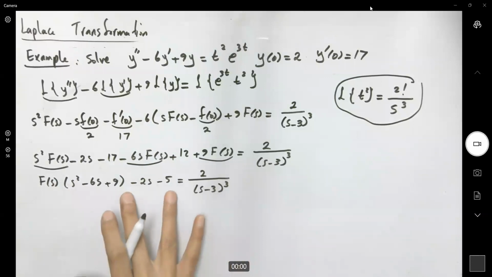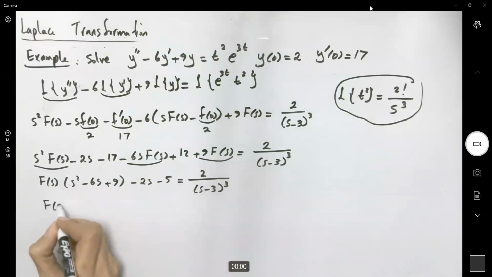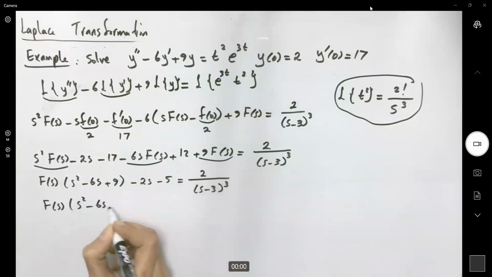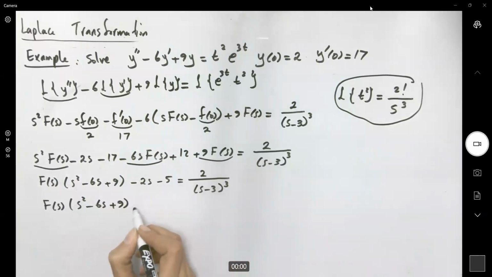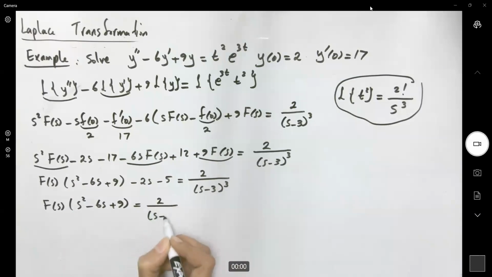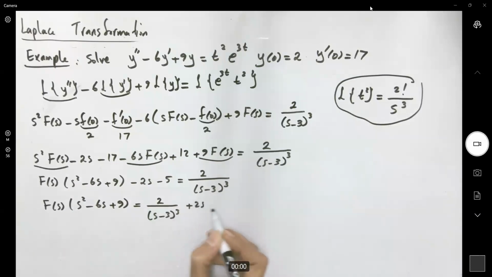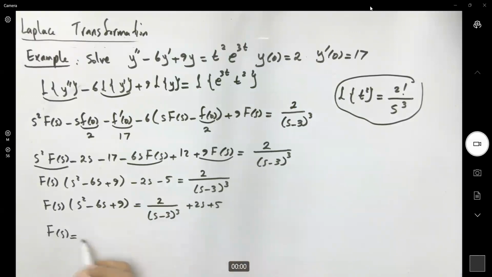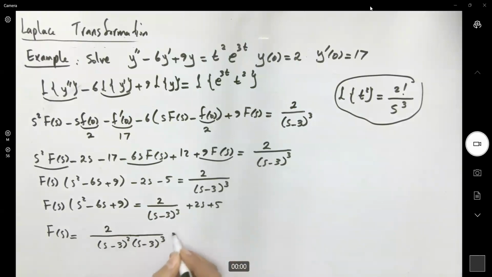Very well. Let's bring these two terms to the right-hand side. F(s) times (s squared minus 6s plus 9) is 2 over (s minus 3) cubed plus 2s plus 5. So F(s) becomes 2 divided by (s minus 3) to the second times (s minus 3) to the third, plus (2s plus 5) divided by (s minus 3) to the second.